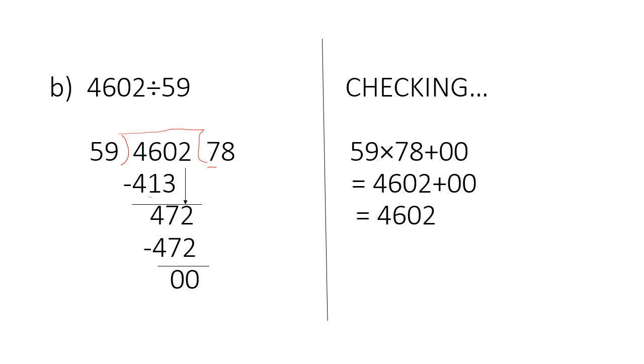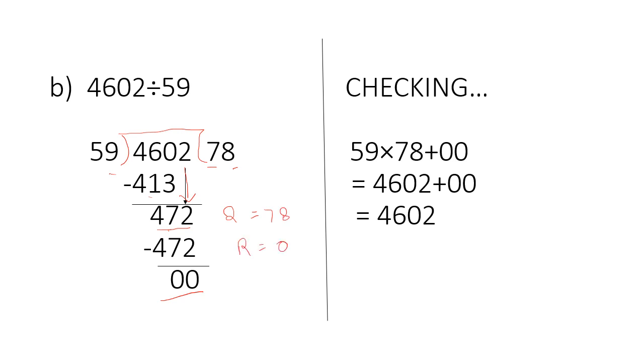So after subtracting you get 47. Then you have to take the next digit 2 down. So our number becomes 472. And 59 times 8 is 472. So you get the remainder 0. So here our quotient is 78 and remainder is 0.